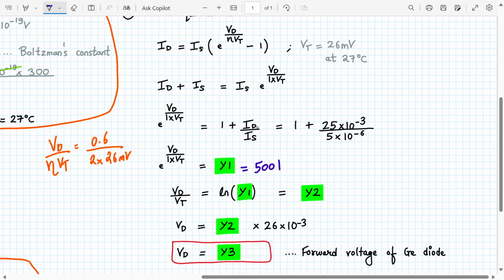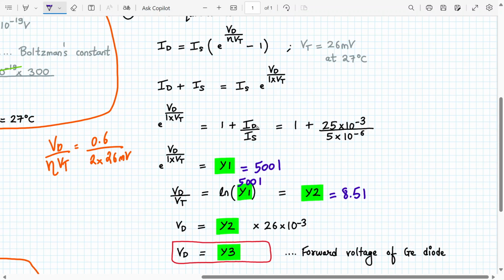So now calculate the natural log of 5001. How much is the value? 8.51. Okay.